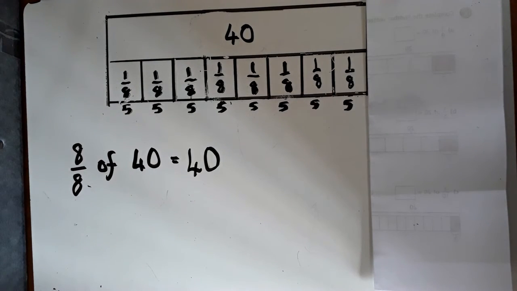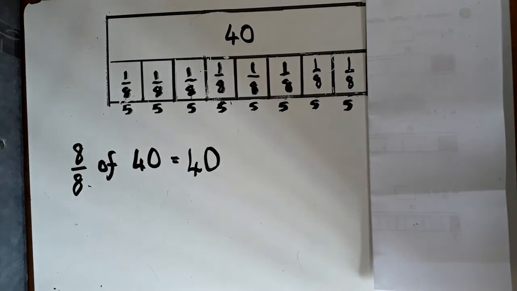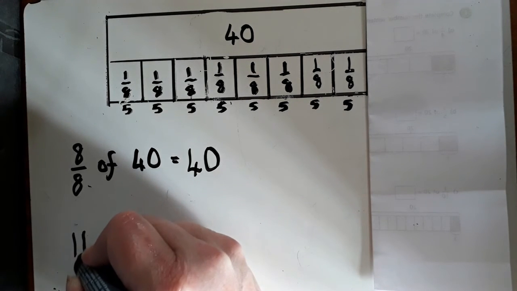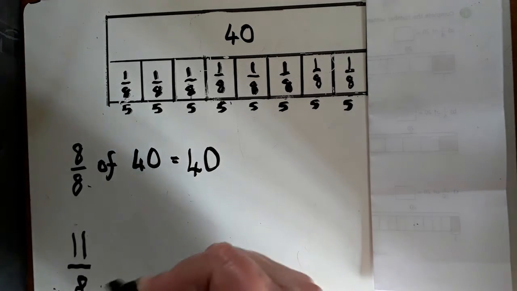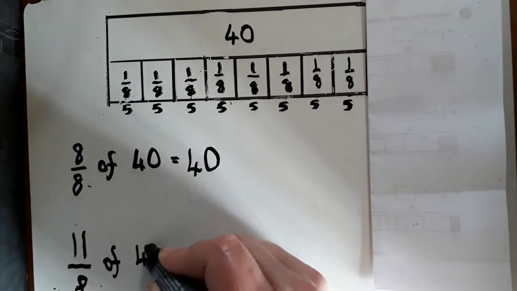We've established that. In the questions today, sometimes you're asked to find an improper fraction of the quantity, and they look so strange. Here I'm going to ask, what is 11/8 of 40?